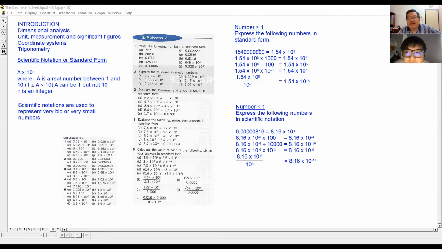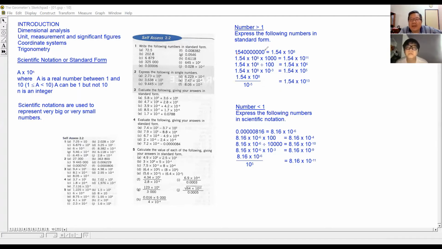154, then 00000. I want to write this in terms of scientific notation, or express the number in standard form. So you look at the first number and you make a dot there. The first number, you make it one number in front of the dot, so we end up with 1.54.